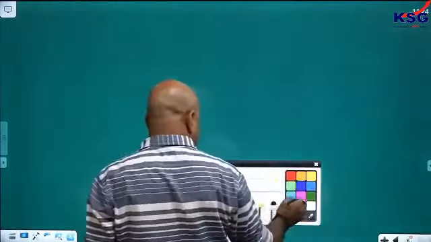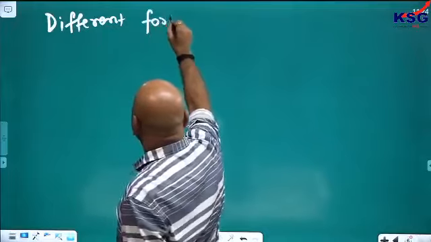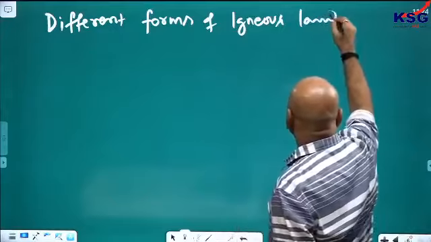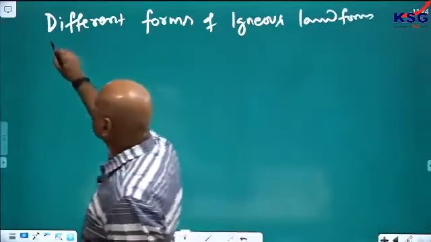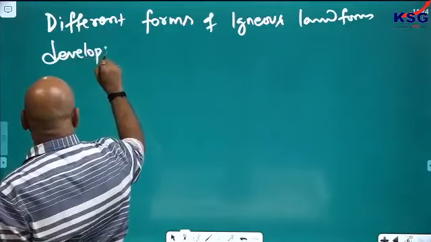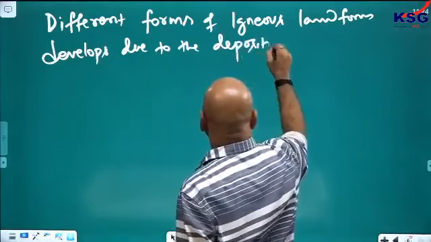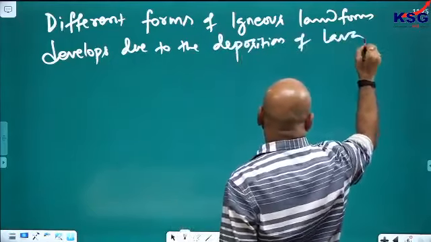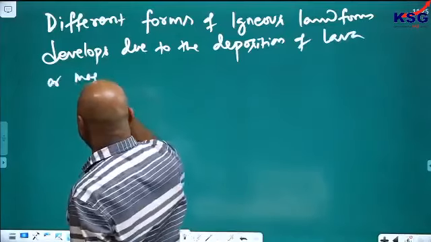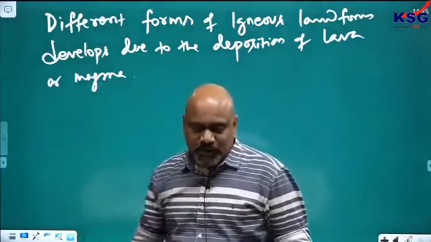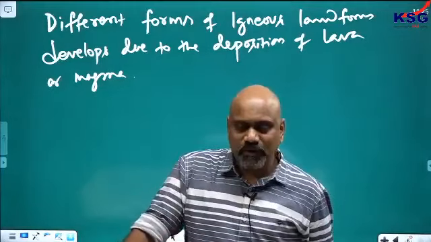So that is different forms of igneous landforms developing due to the deposition of lava or magma. Okay. Mostly these are intrusive ones.